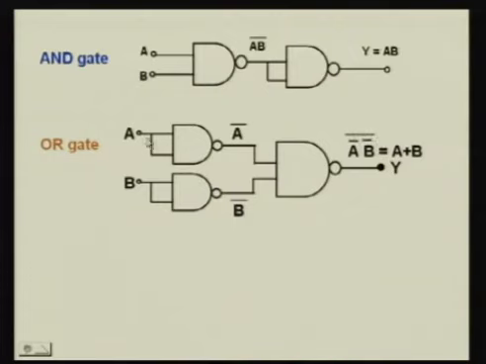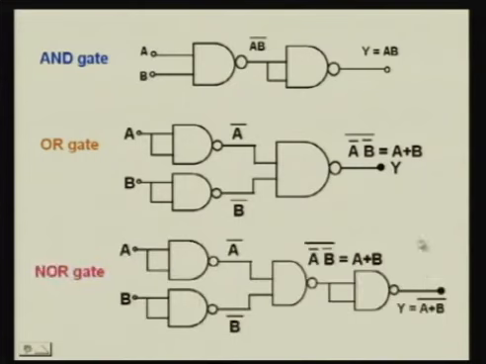We see A and B as inputs to inverters, so we will get A bar and B bar. We use A bar and B bar as the input, and at the output the complement of A bar B bar, which we simplify, and we get A plus B. So this is very easy for an OR gate. And if you want to get a NOR gate from here, what we have to do is just invert this output Y using a NAND gate.